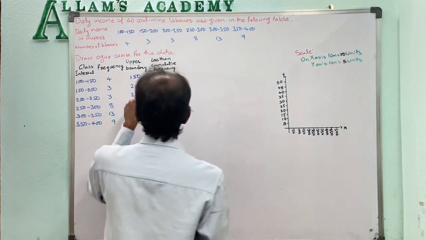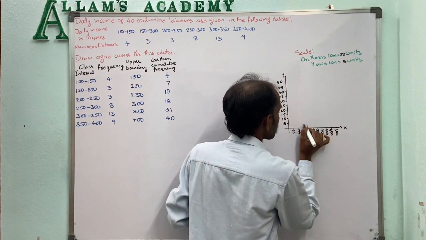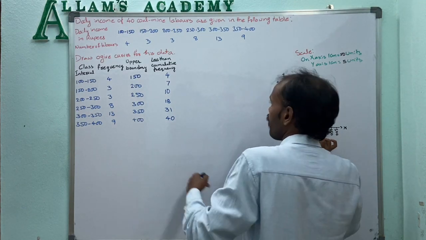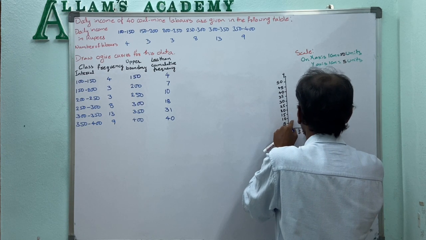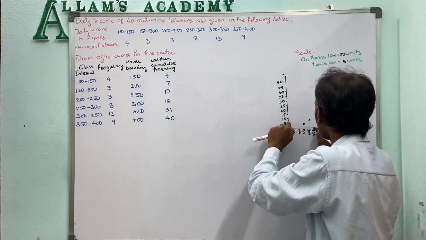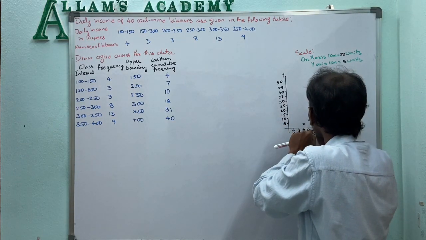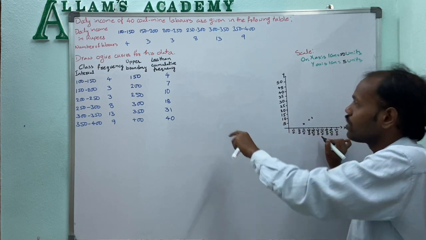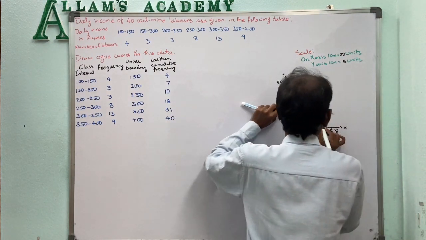For 150, 4 is the corresponding ordinate. For 200, 7 is the corresponding value, and for 250, 10. Next, for 300, 18 is the corresponding ordinate.